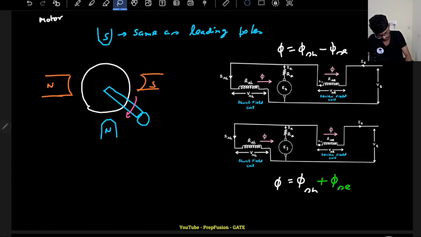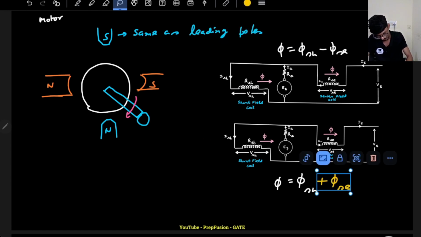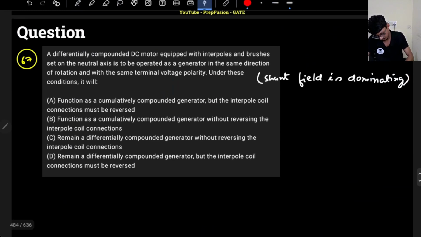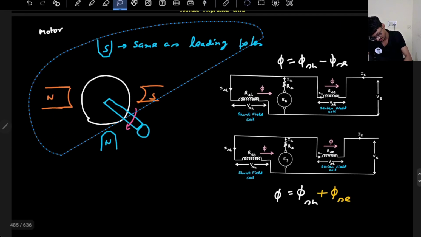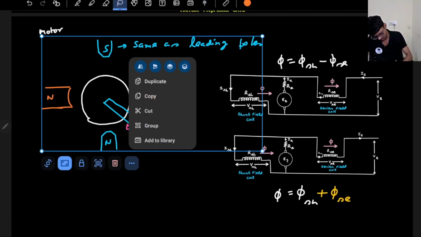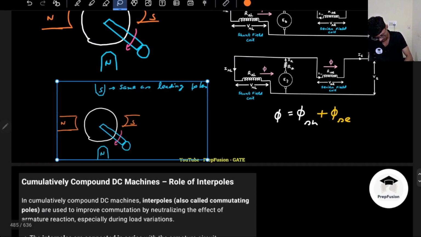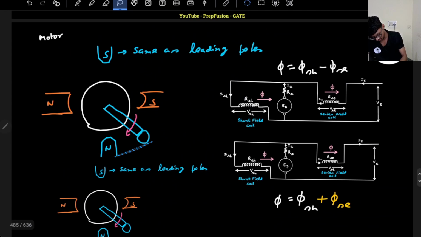This will be phi SE. Now, if I am working it as a generator and rotating in the same direction, what are they asking? This is now working as a generator. Let me reduce the size of this.